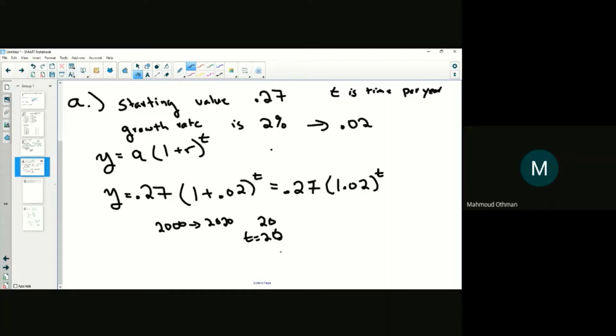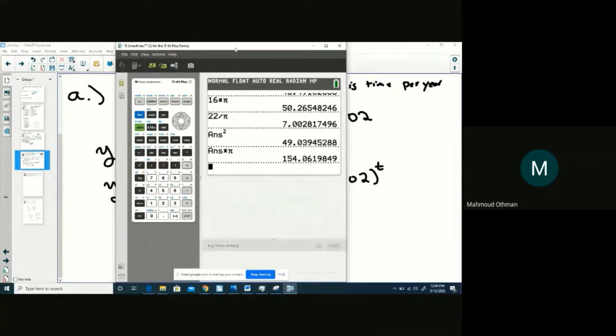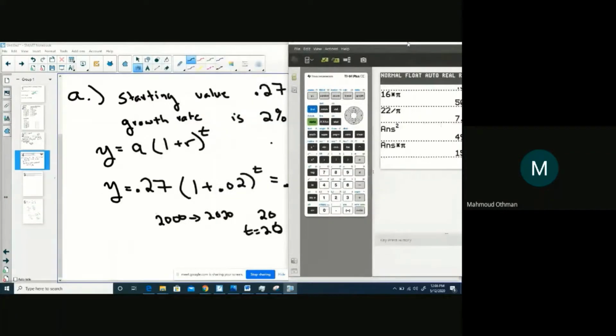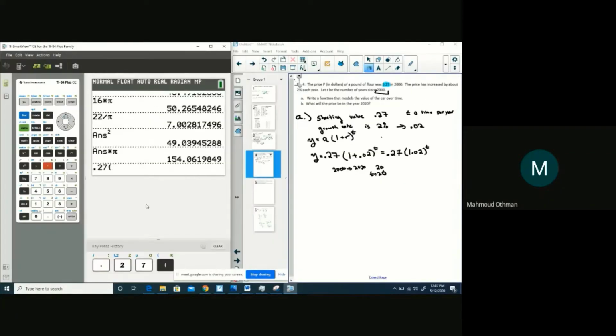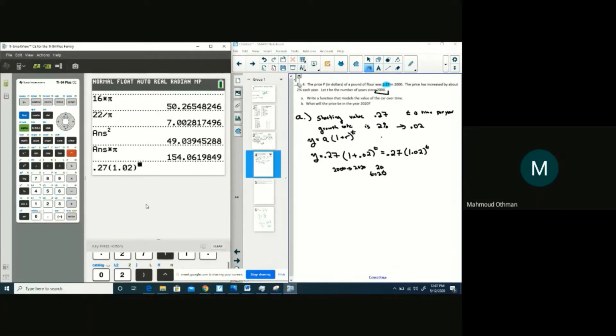Now we need a calculator. I have my calculator function right. 1.02, 1 and 2 hundredths. See if it does this. Oh, it does. Raised to the 20th power.